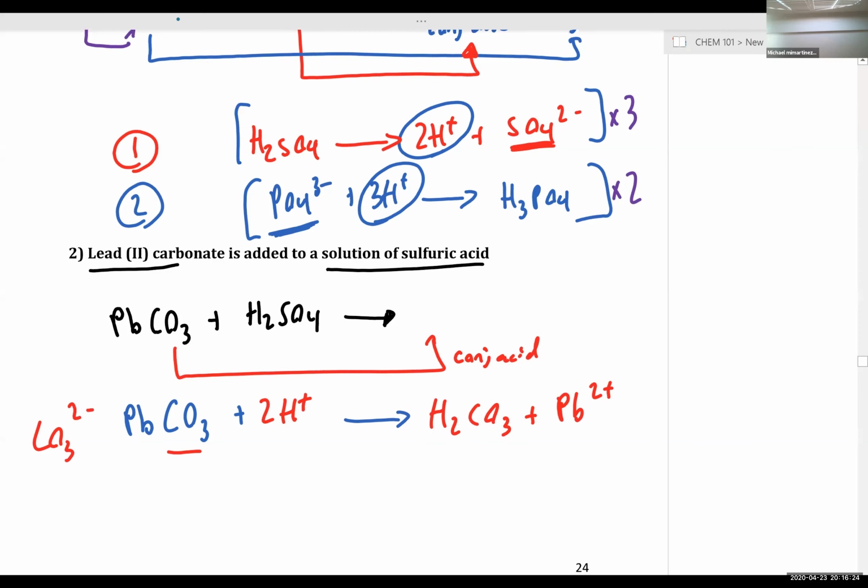Now, if we look at this H2CO3, is carbonic acid very stable? Does carbonic acid stick around for very long? No. So then we're going to rewrite our equation. And this time, what do we break our carbonic acid into?